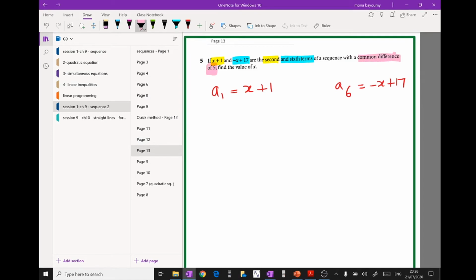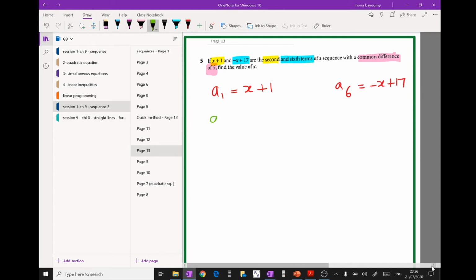So we have to use this. It's very important to solve the question. Common difference is 5 means you have to add 5 each time to get the next term, to get the consecutive or successive terms.